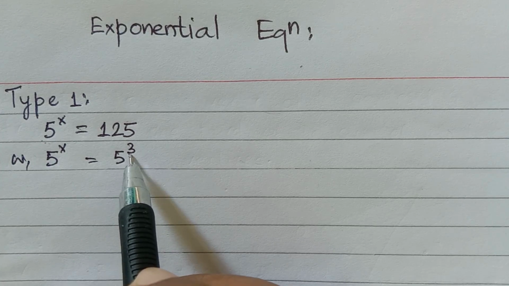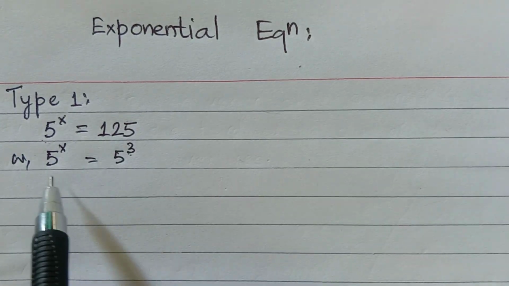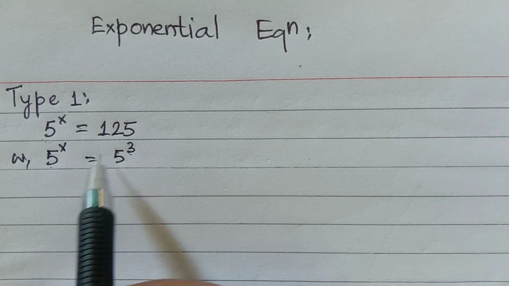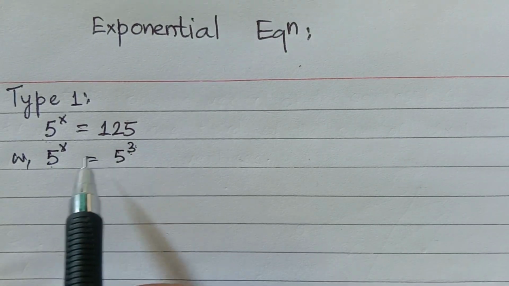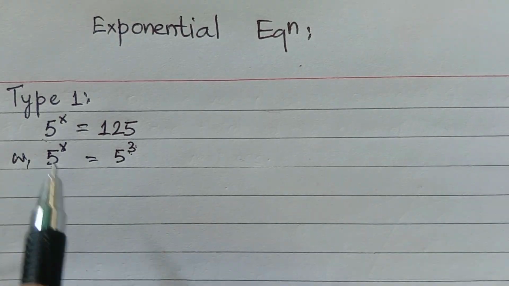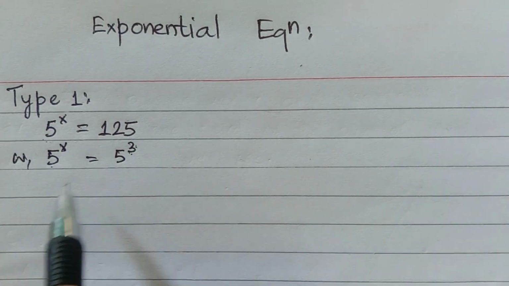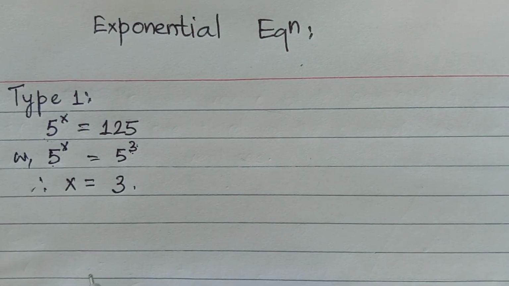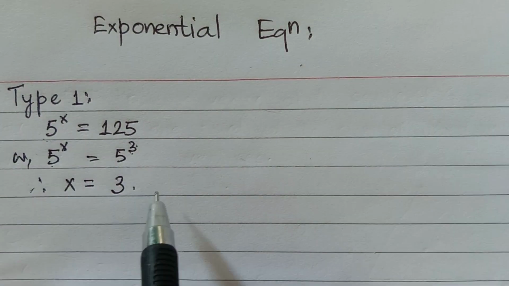Here the base is the same, and the powers are x and 3, so the quantities are equal. Therefore x is equal to 3. This is our answer. Why is this 3?